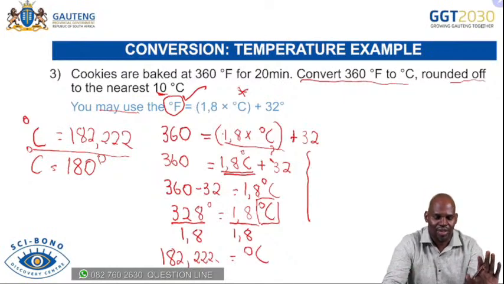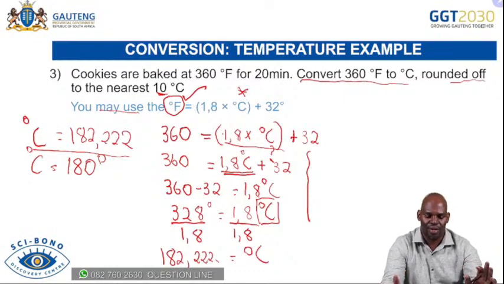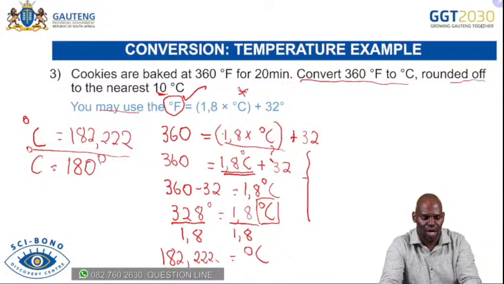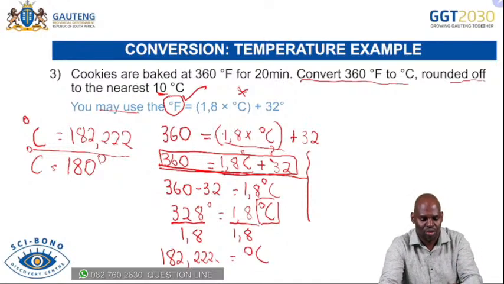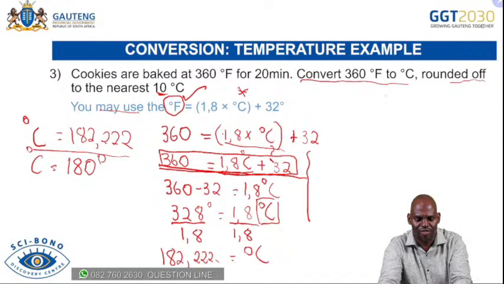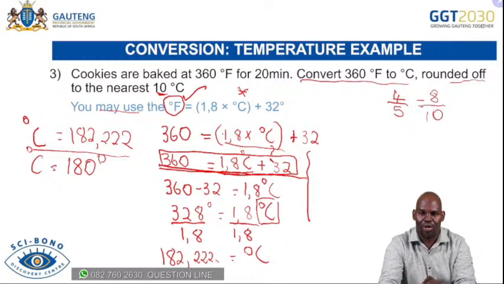Like I said, there's always more than one way of doing the answer, but in the end, the answers will be the same. After doing the substitution and simplification, some of the learners might just decide to turn the equation around. Let's say for instance, 4 over 5 equals 8 over 10. These are equivalent fractions. You learned about this in grade 10.